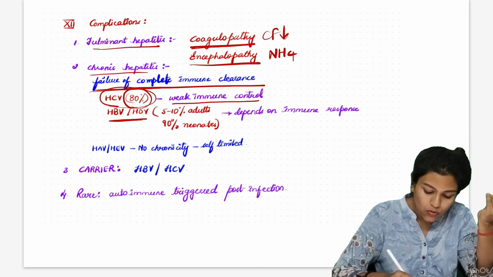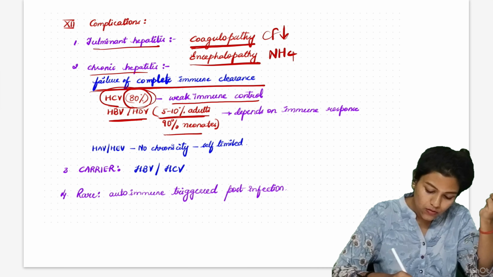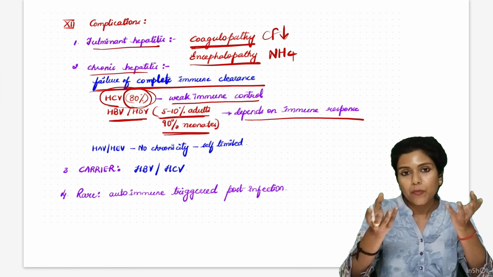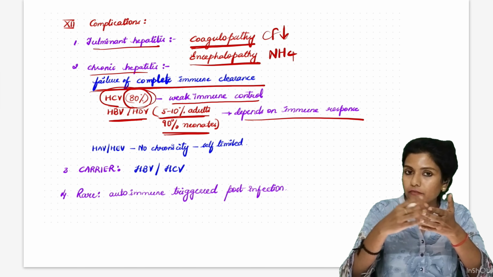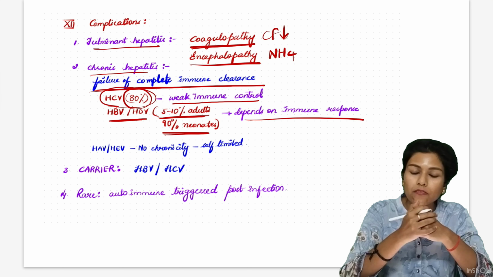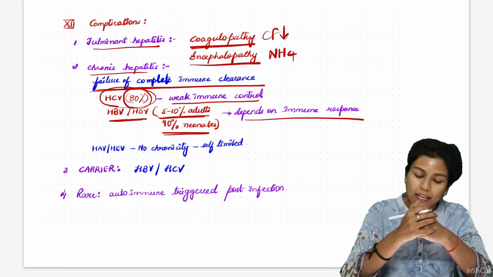For hepatitis B and D also, 5 to 10% of adults show chronicity and 90% of neonates. It depends on the immune response. If adults have a strong immune response, well and good, it will be cleared. If not, you'll end up in a chronic carrier state. And neonates, because of an immature immune clearance mechanism, 90% will become chronic carriers.